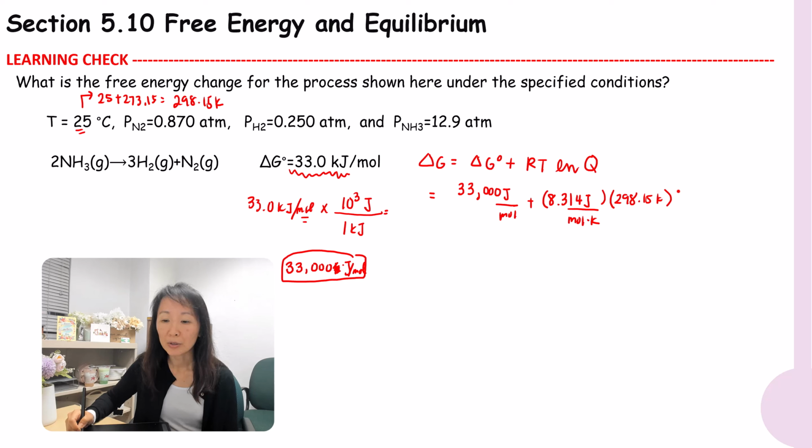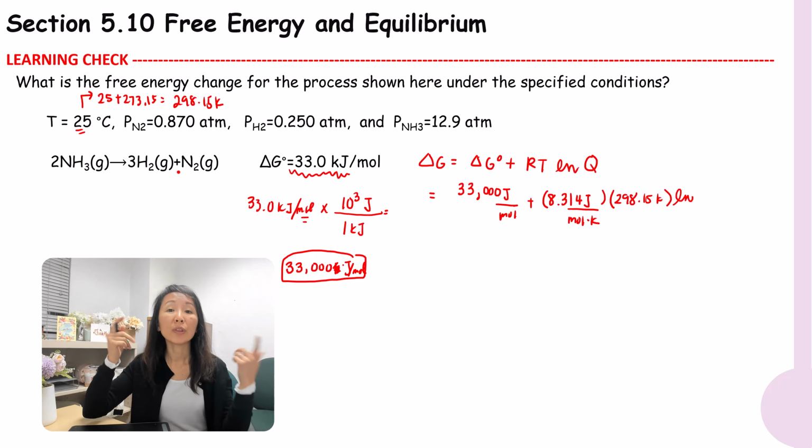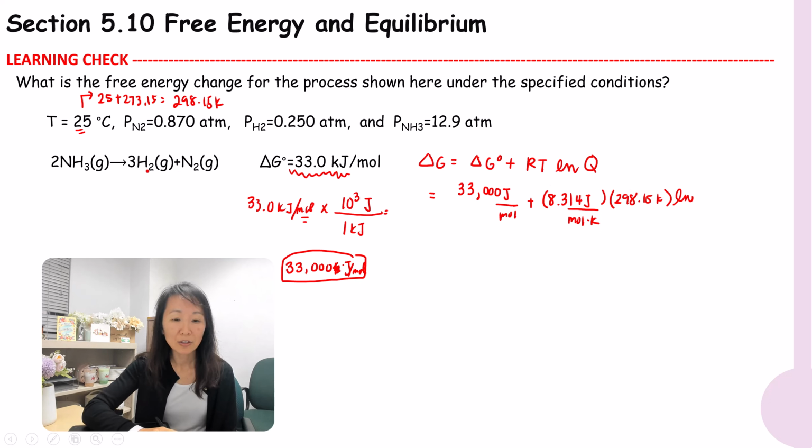What about Q, right? ln of Q. There are a few factors that you'll have to look at. These are all gases, which means that all of the components are there. Remember, it's the product divided by the reactant with the coefficient being the exponent. So we know H2, that's my hydrogen gas, is 0.250.